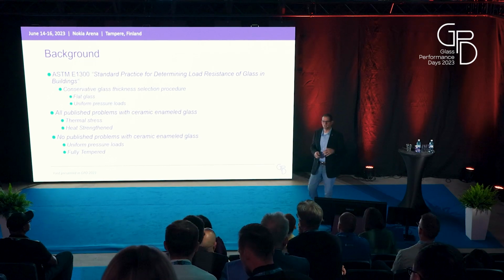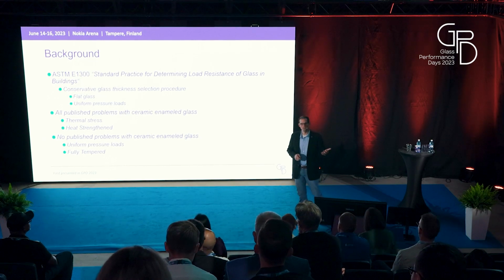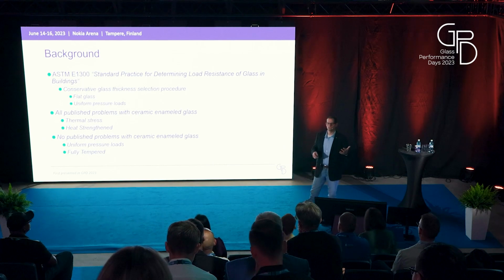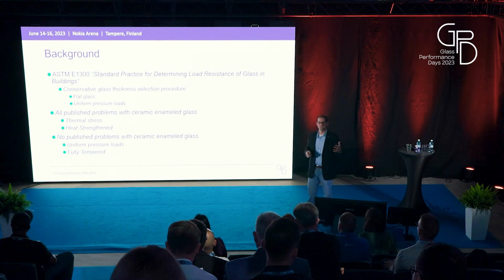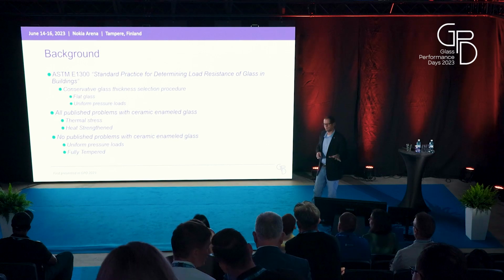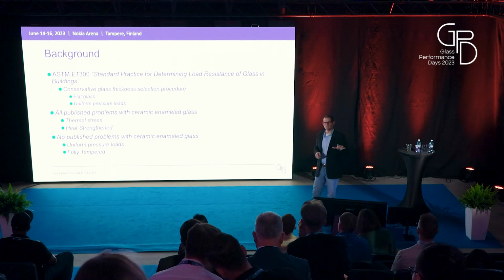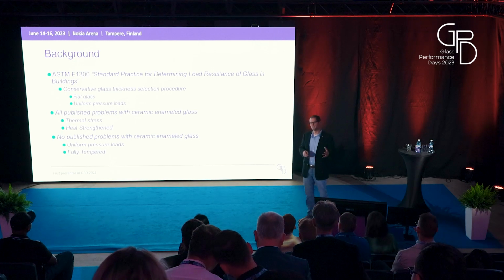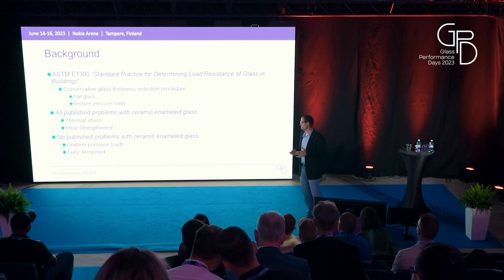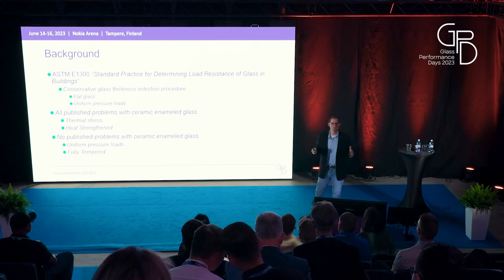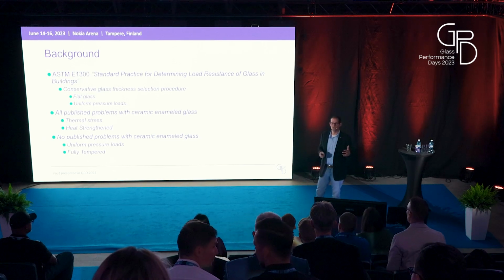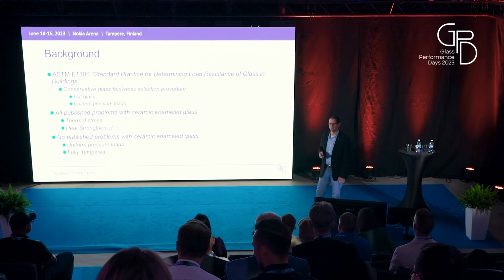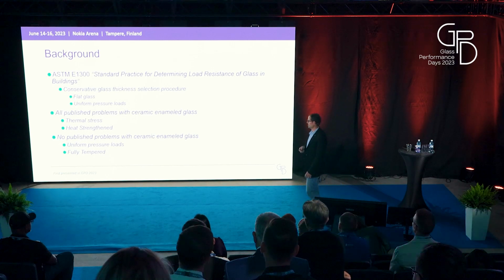With the development of the glass failure prediction model, now we're calculating the strength of glass based on statistical approaches and the random distribution of flaws across the glass surface. That's particularly important for ceramic frit because you'll see here in a minute, the distribution of flaws across the surface is very uniform. And so that helps us actually predict the strength of ceramic enamel a lot better.